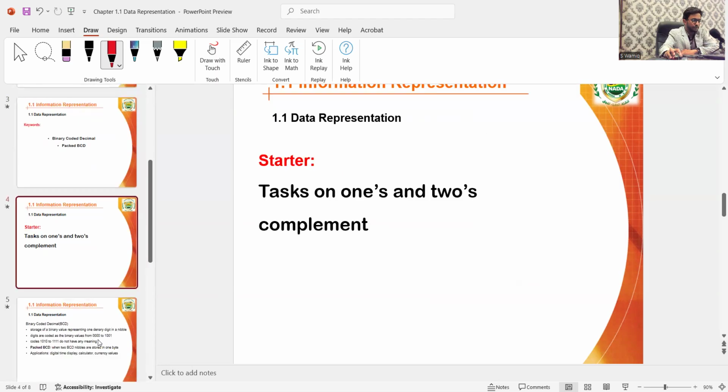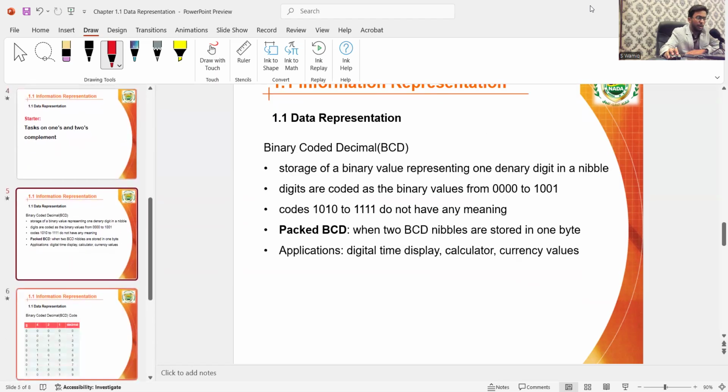Now, what is basically a BCD number? The name itself says binary coded decimals.